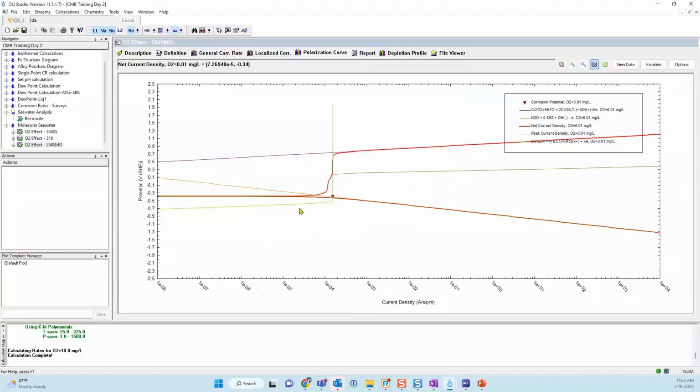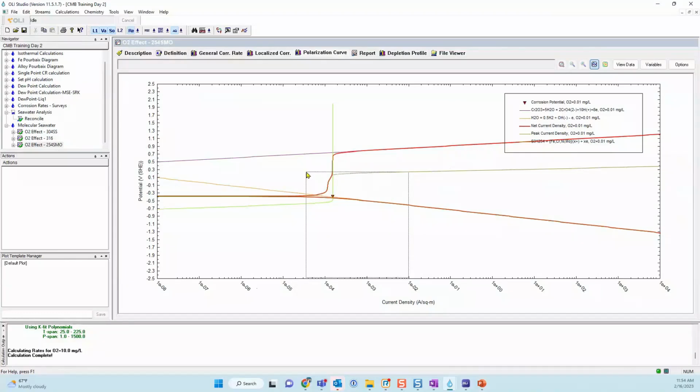So this peak current density doesn't have to do anything with any contributions of cathodic or anodic reactions. It's just another equation that we use for the peak current density. And the repassivation potential criterion says that as long as it reaches 10 to the minus 2 amperes per square meter, that would be the repassivation potential.